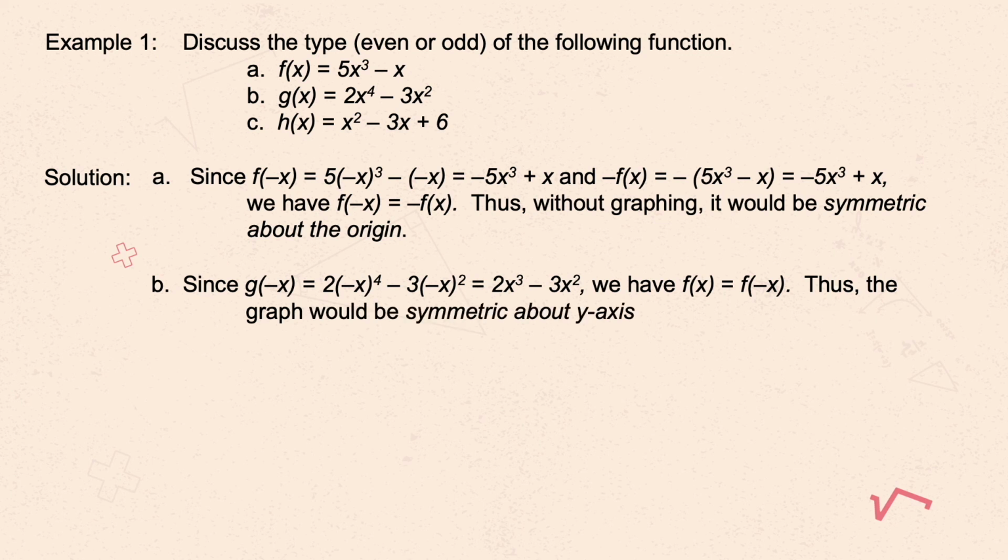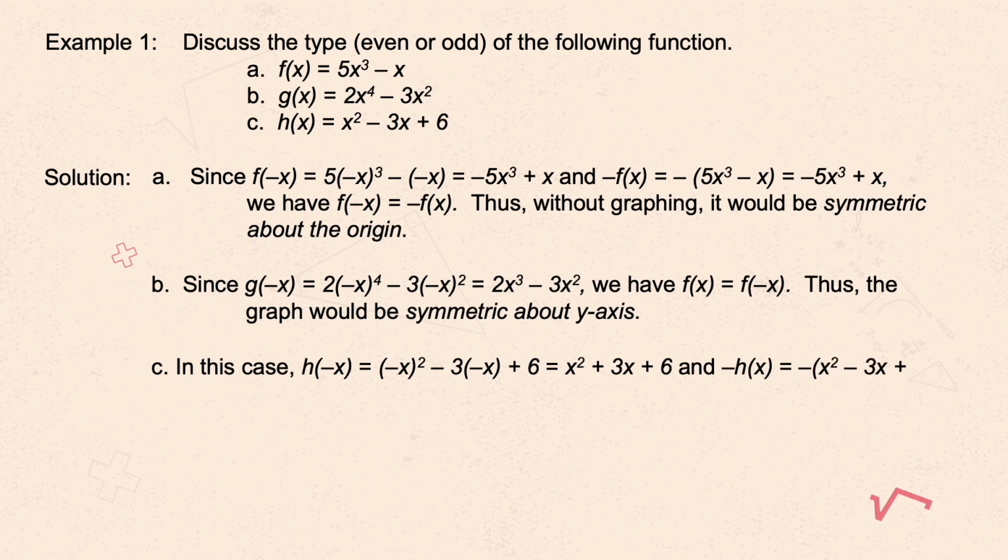The third, h of x equals x squared minus 3x plus 6. Solving the h of negative x, it would be x squared plus 3x plus 6. Since h of negative x is not equal to h of x, we will solve for negative h of x. So looking for negative h of x, it would be negative x squared plus 3x minus 6.